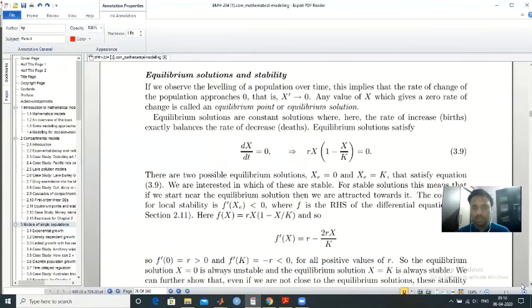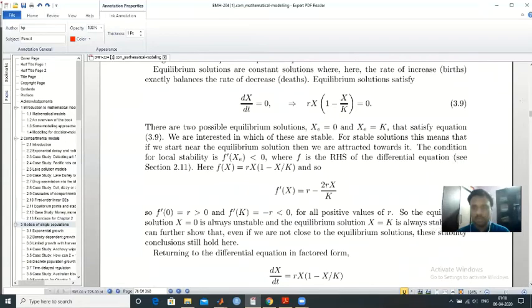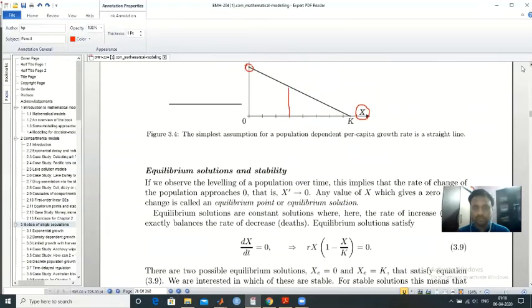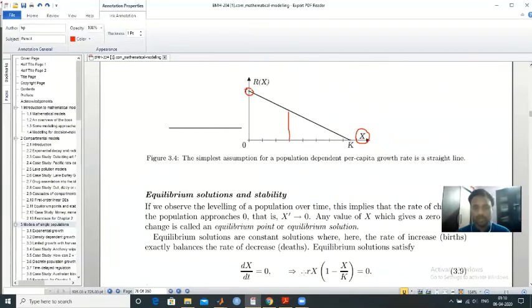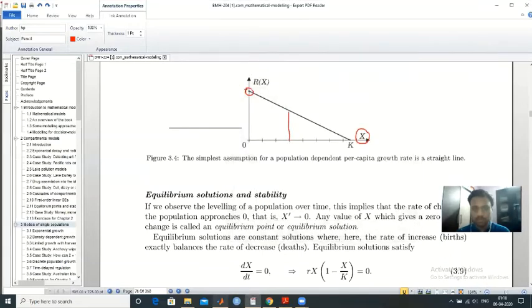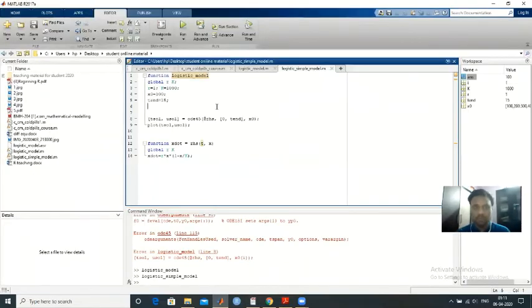But first of all, I want to explain a little bit about solving this problem for different values of initial conditions. If the initial condition is changed, because x0 is 100 here, if I take x0 equal to 200, then you will get a different curve.